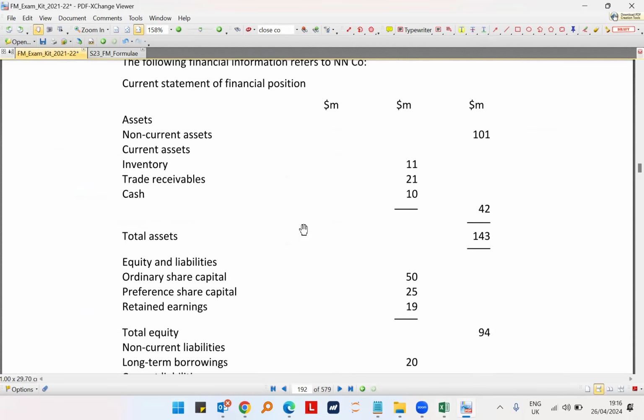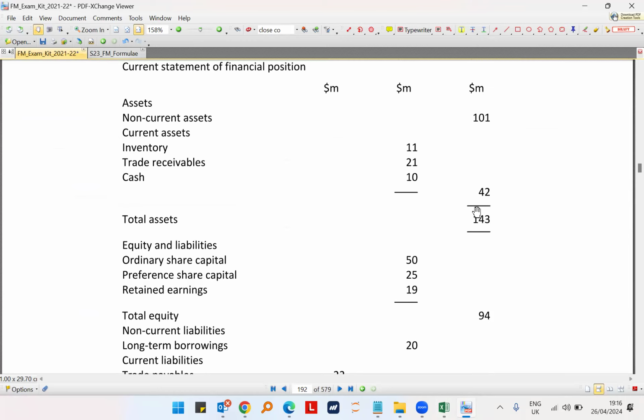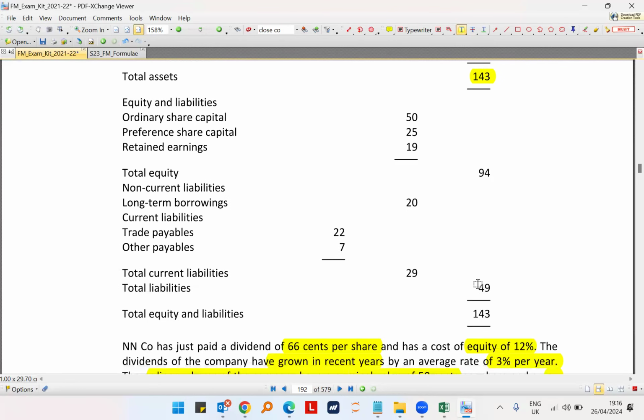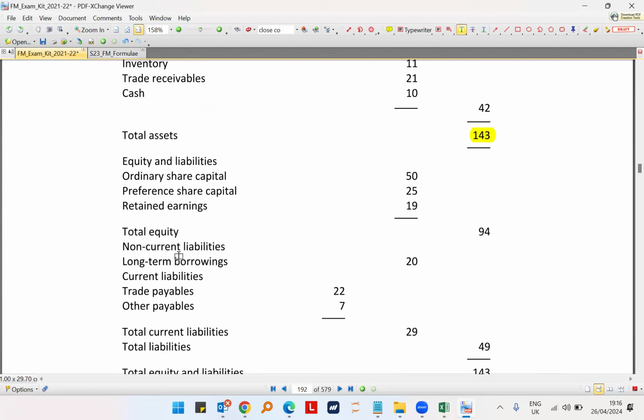You can see here that the assets are 143 million. So if you subtract liabilities, you get equity of 94 million. Now, ideally, that would have been the net asset value if at all we are using book values. But even when we are using net assets, we try to use market values where we can.